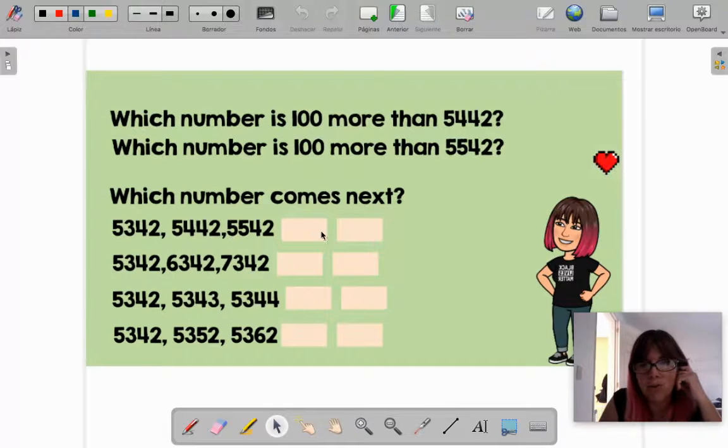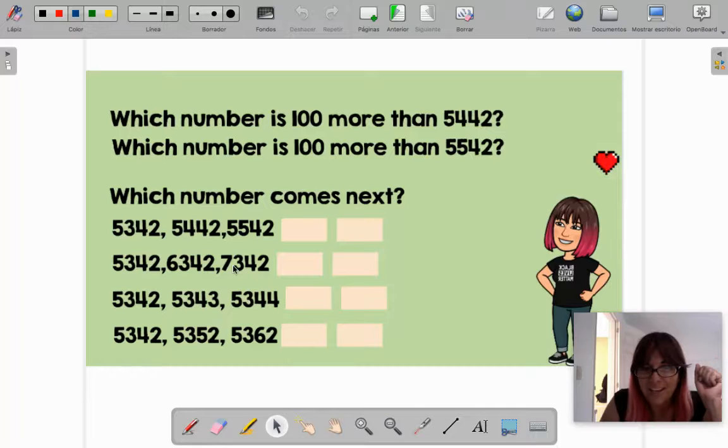That way you know what number goes here and then here. Here again, be an inspector and check first the ones in the 3 numbers, then the tens in the 3 numbers, then the hundreds, so you can start finding all the clues and solve the problem.